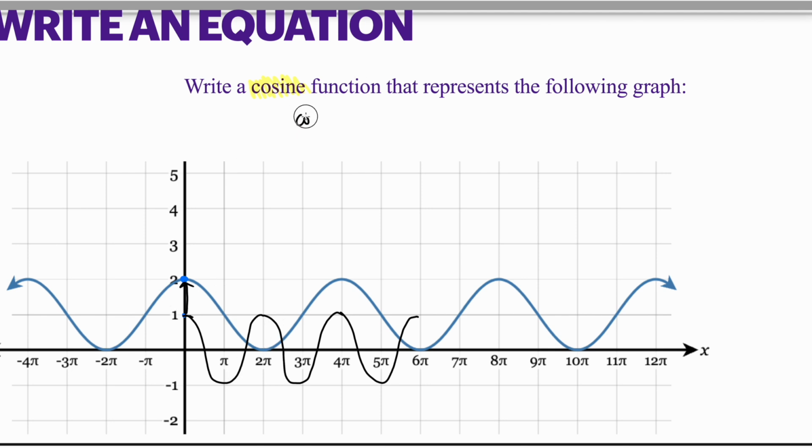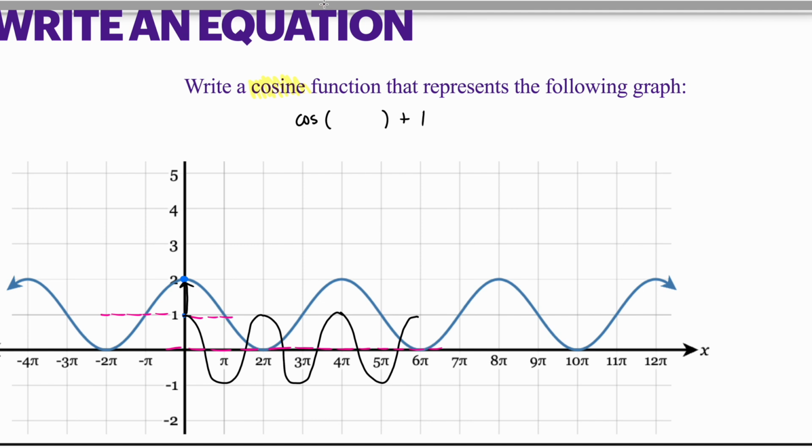It does look like it did shift up 1, because if you look at what we call the midline, if you cut it in half, then the midline here went up 1.